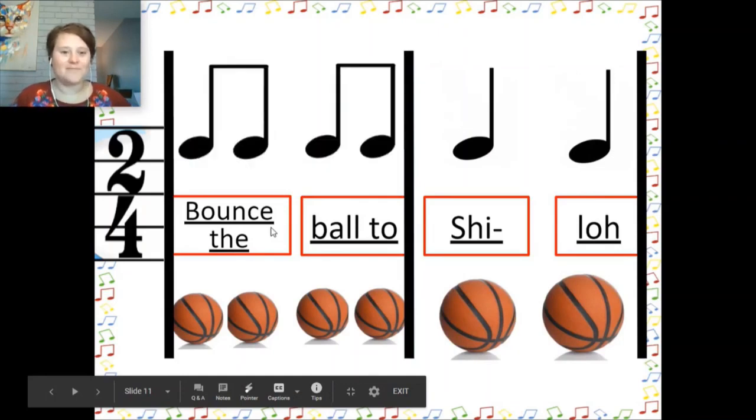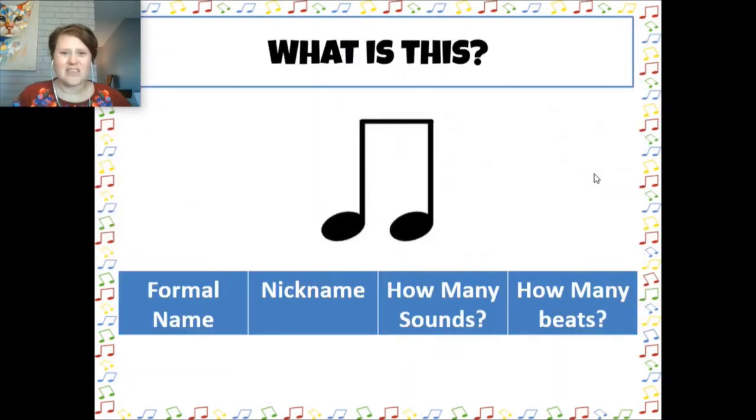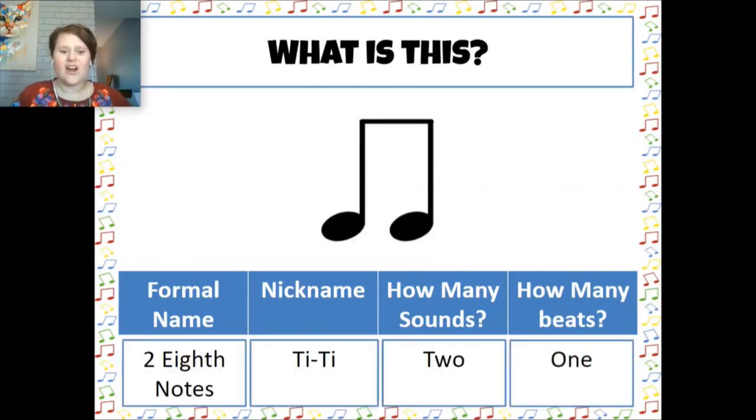Let's find out. Okay, so look, we have two eighth notes and two eighth notes. Let's say this rhythm. Ti, ti, ti, ti, ta, ta. So does that still fit? Let's think about it. This is our eighth notes, and the chant reminds us that two eighth notes have two sounds, but they still equal one beat.